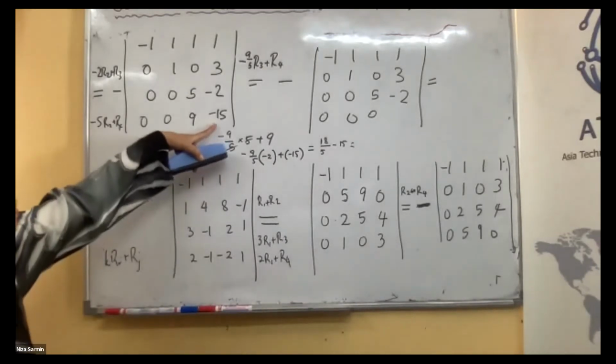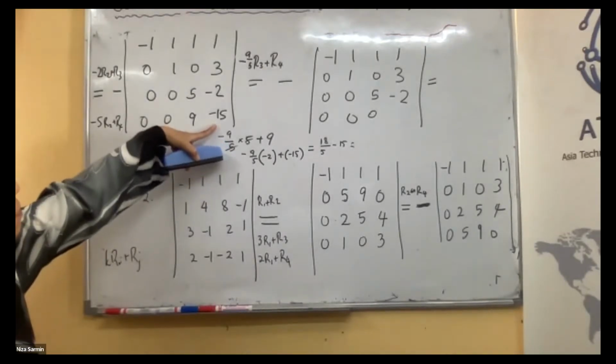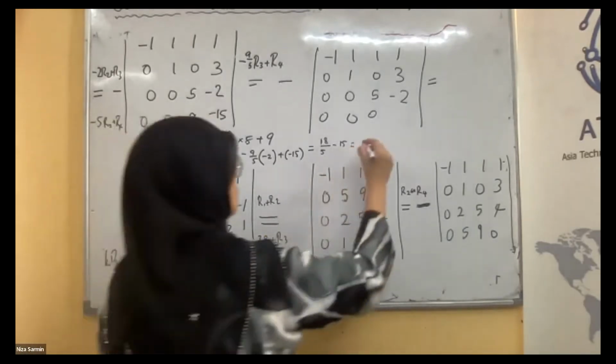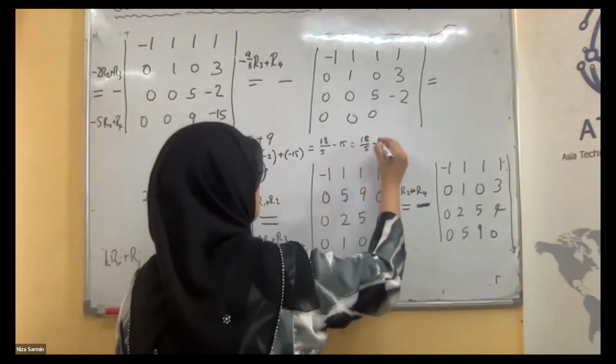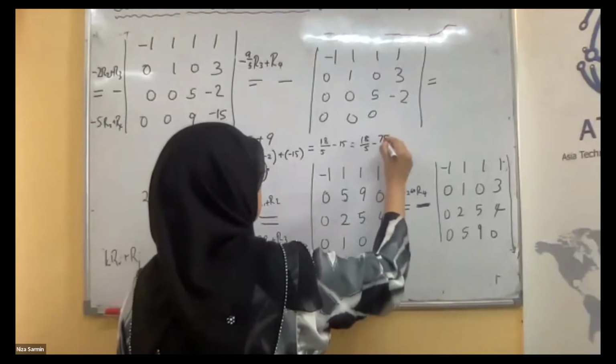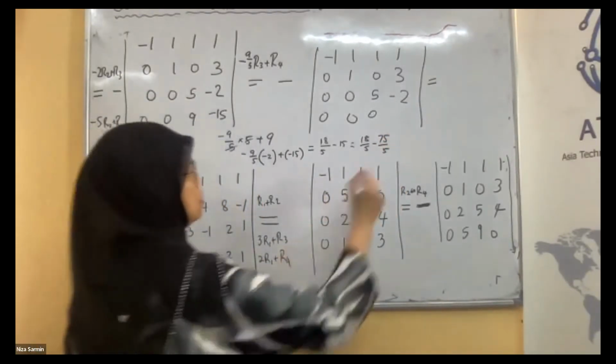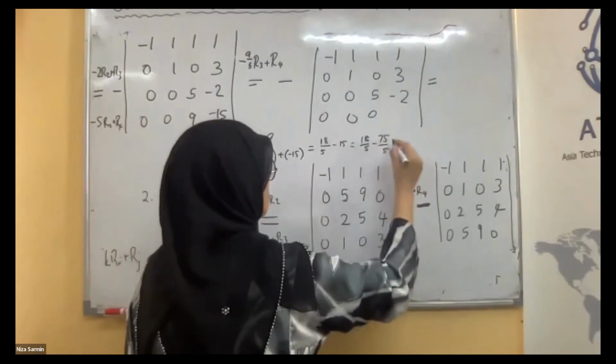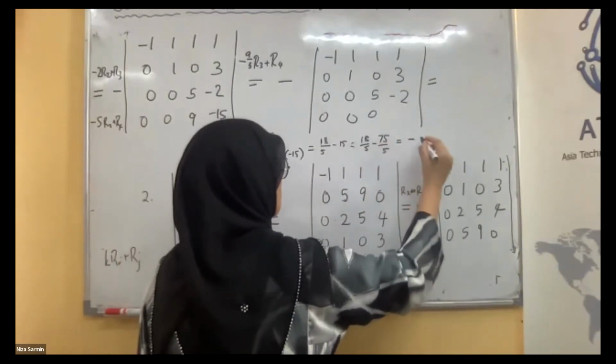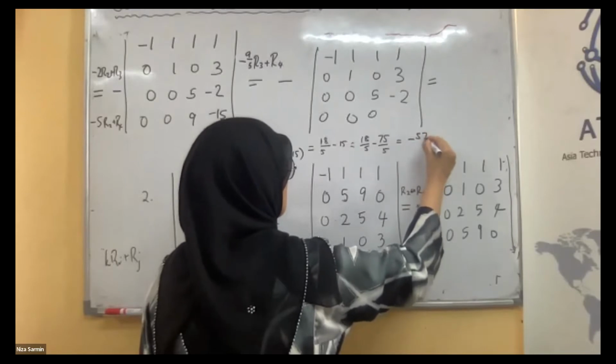This one makes -57/5, because this is 18/5 minus 75/5. So this minus this is -57/5.